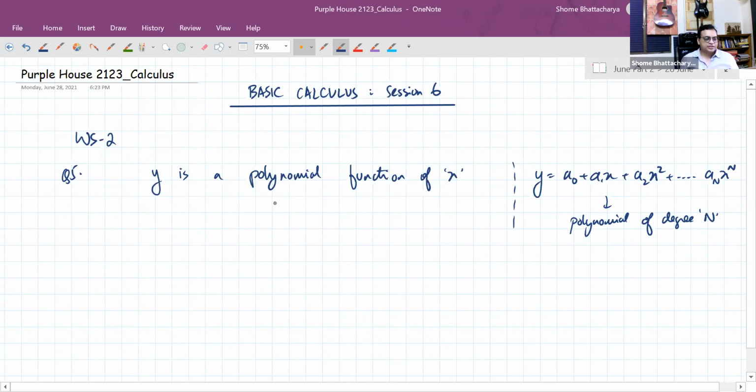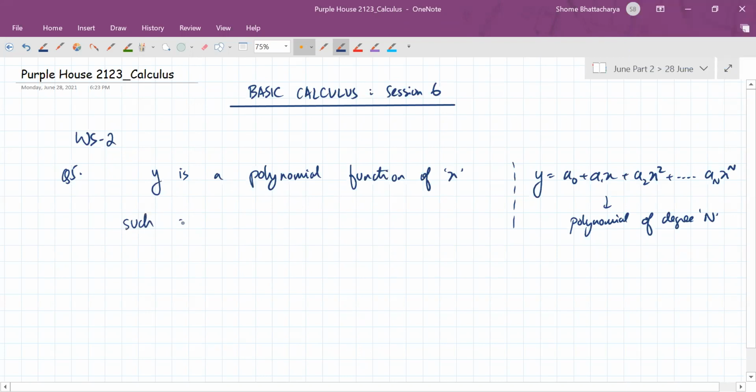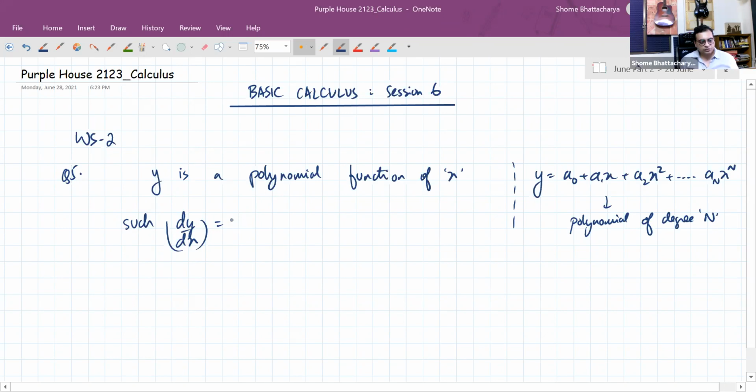So now here, in addition to this information that y is a polynomial function of x, it is also given to us that dy by dx, the derivative or the differentiation of y with respect to x, is ax square plus bx plus c, where obviously a, b, and c are constants, such that y is equal to 0 for x equal to 0.